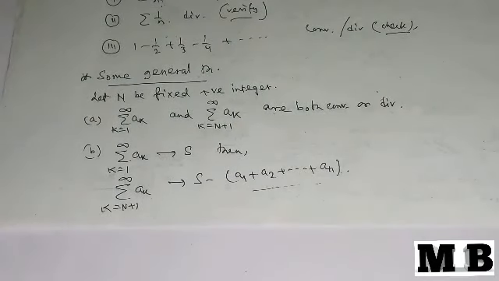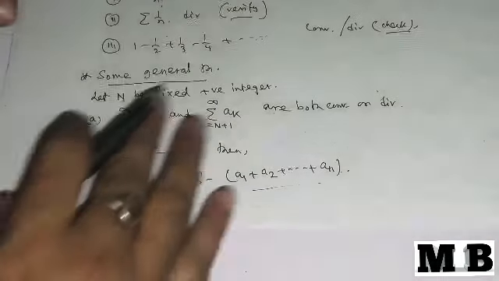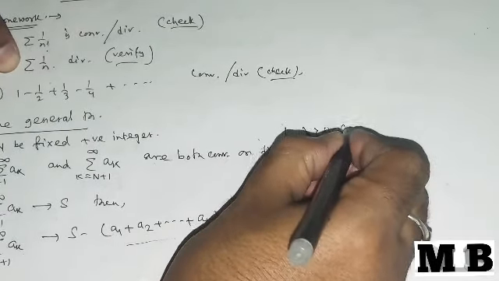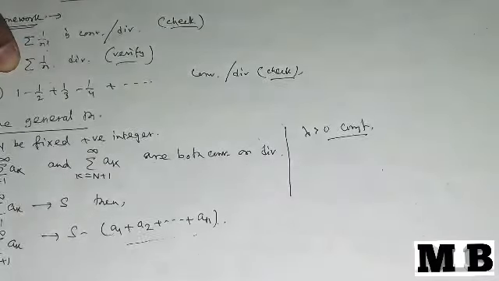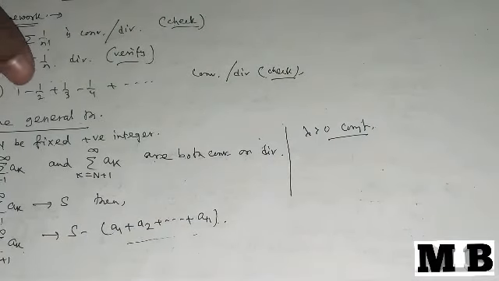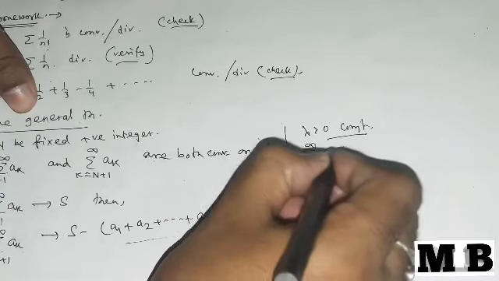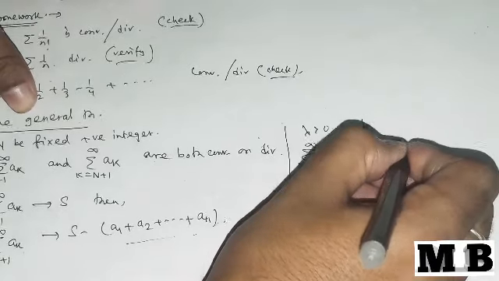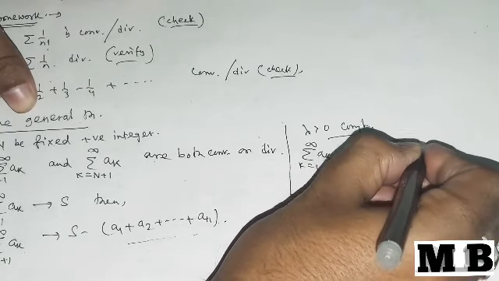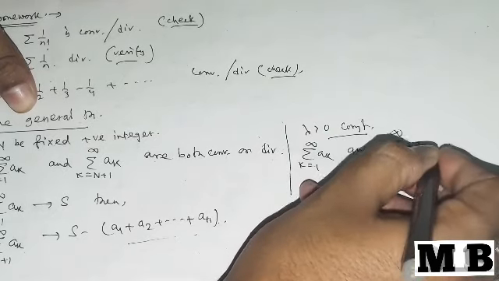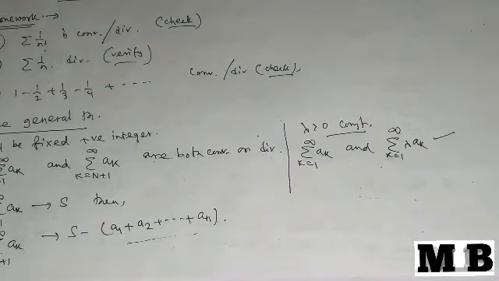These are two very basic general theorems, and there is another one that says: suppose lambda greater than 0 is a constant. Then if you have the mother series of a_k and the series of lambda multiplied with a_k, where k runs from 1 to infinity, these two series behave alike.